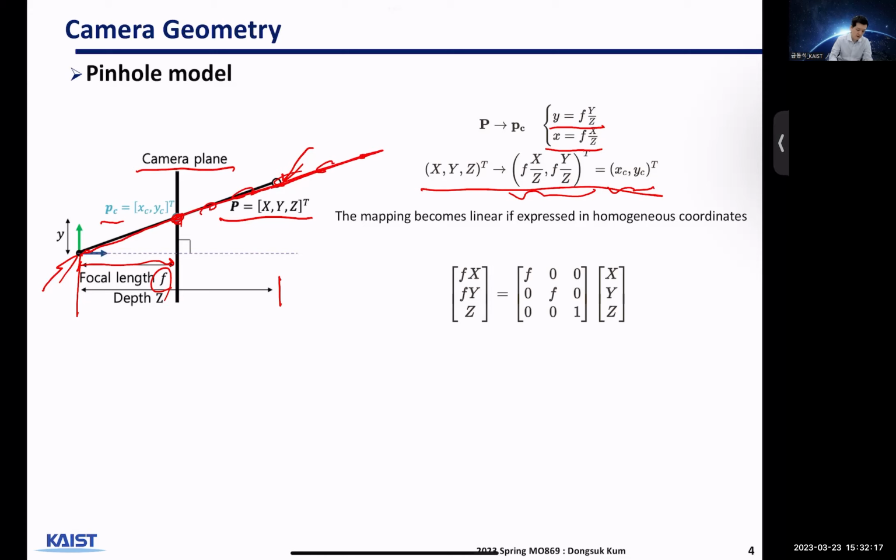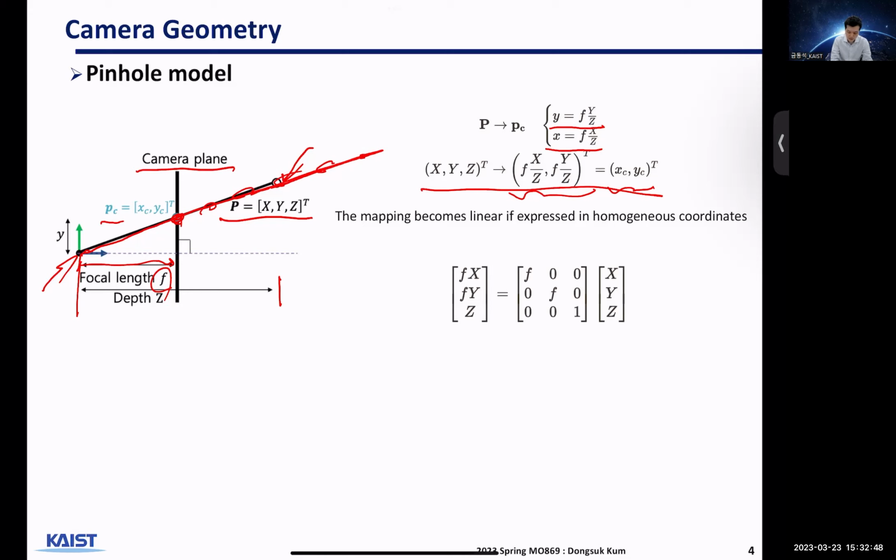So if you know capital XYZ, then you can compute PC, but you cannot compute capital P from PC. You cannot go the other way around. So we usually say it's accurate up to scale, and it's a matter of projection.